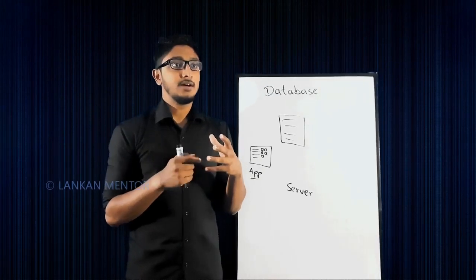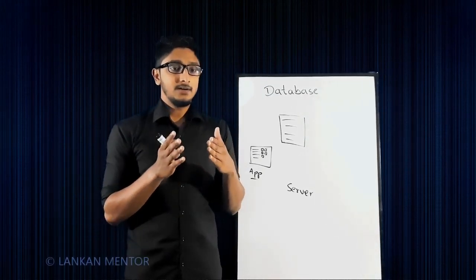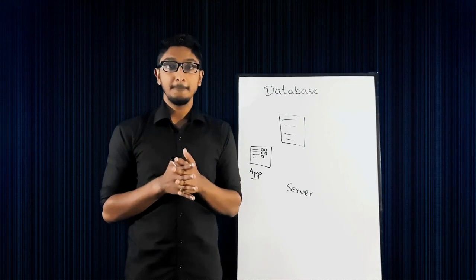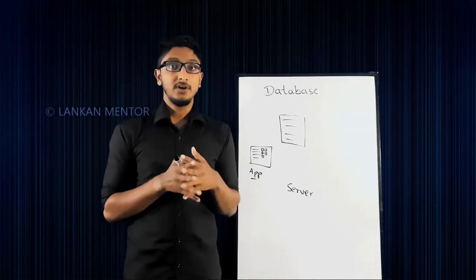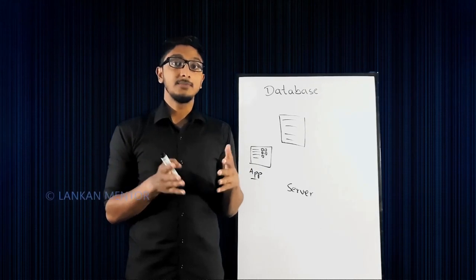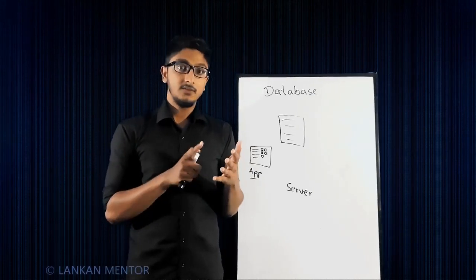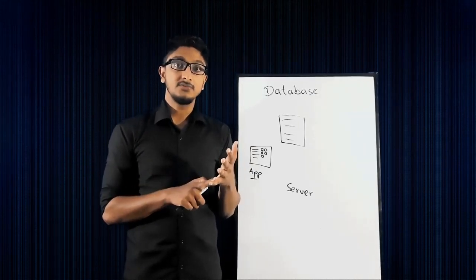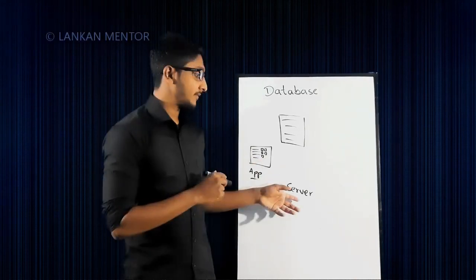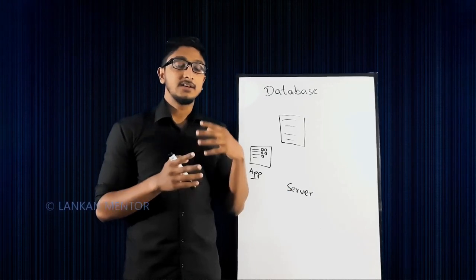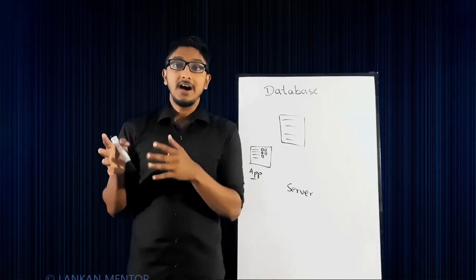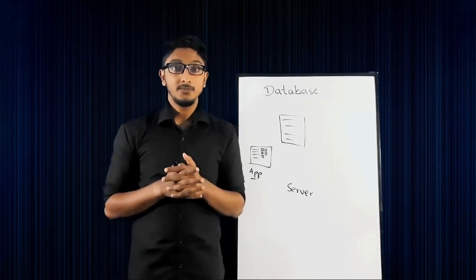So let's say another application. Now, for example, the sectional heads, right? Sectional heads will have another application. What is it used for? To find out about teachers, right? Which teachers are assigned with which subjects, and which teachers are assigned with which classes, and so on.